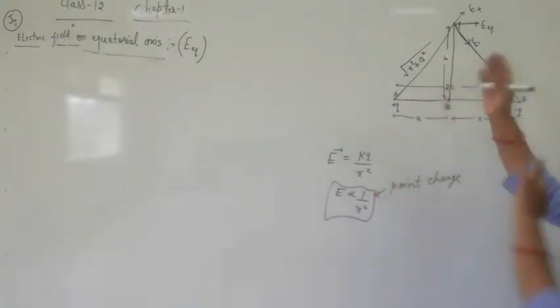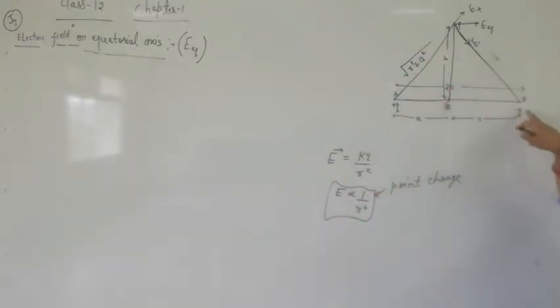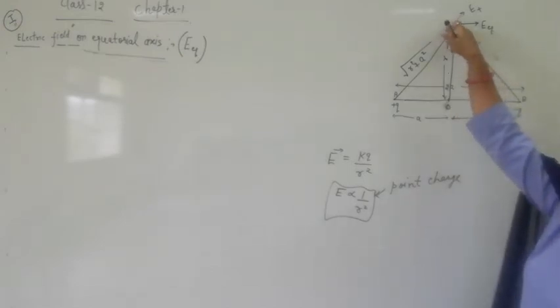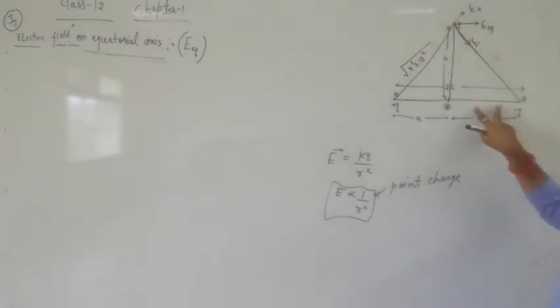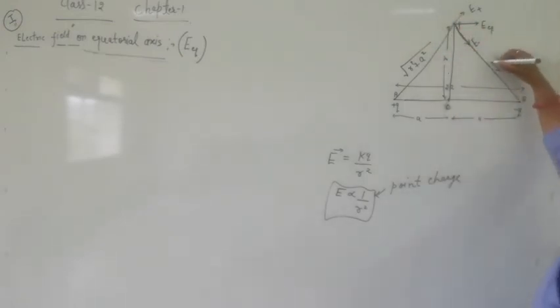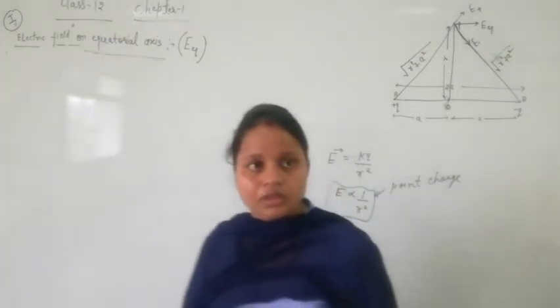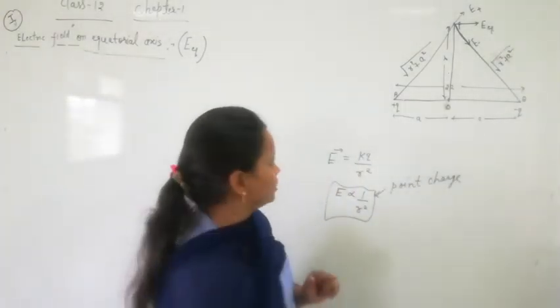Similarly, BOP is again a right angle triangle. Small a, small r, and the hypotenuse is again the square root of r square plus a square.